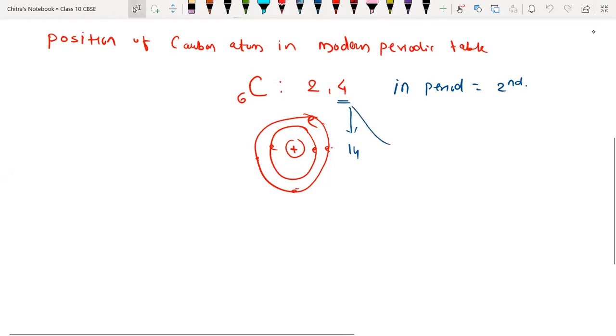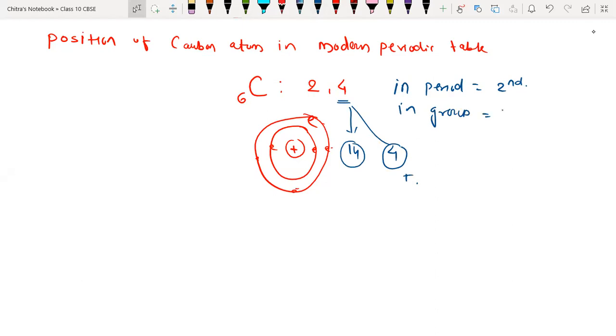It may be from the 4th group also, but we know in the 4th group all the transition metals are present. That means it belongs to the 14th group. So the position of carbon in the periodic table is second period and 14th group. Understood, everyone?